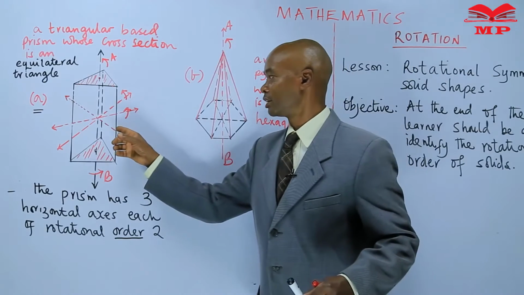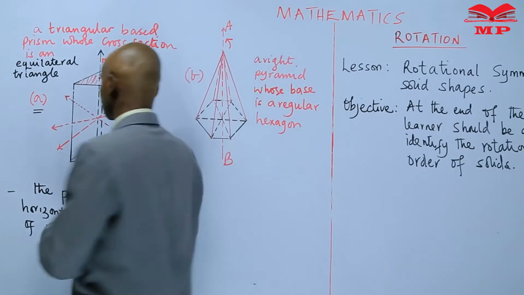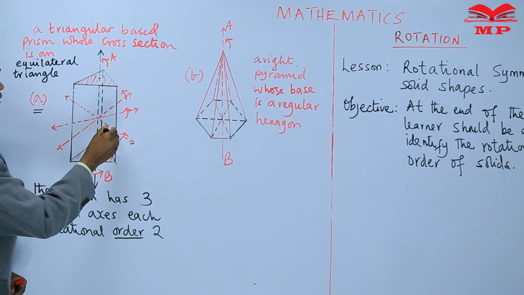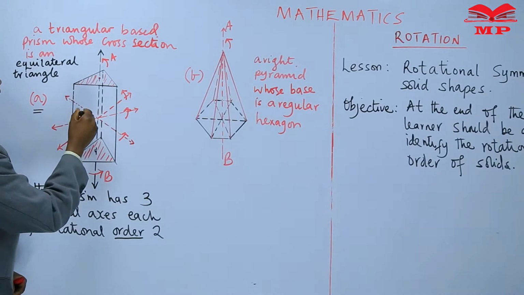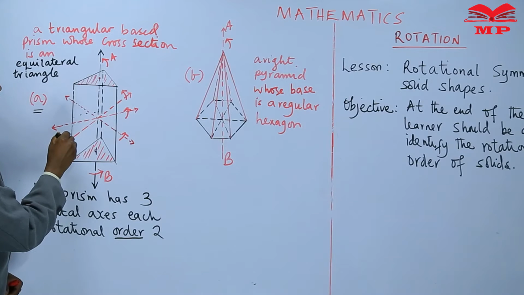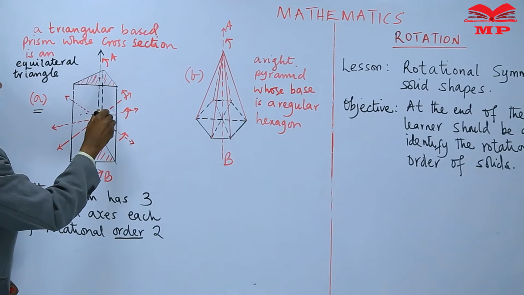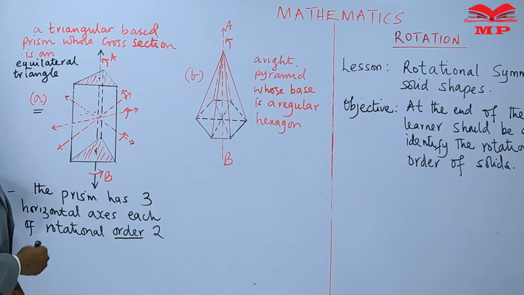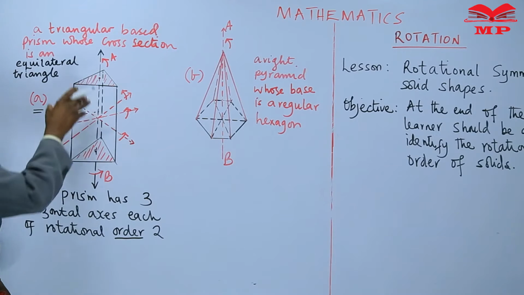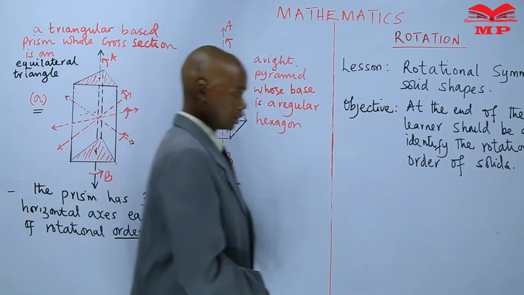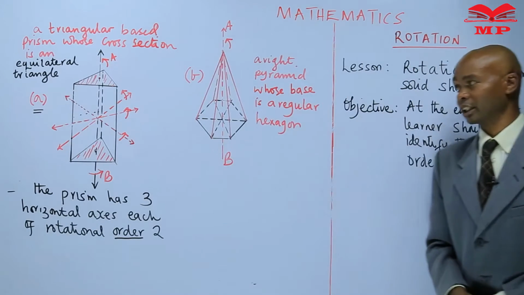This will happen in each of those axes. You realize one of the axes is from this corner to the center of the other face, and from that corner to the center of the three faces. It has three faces which are rectangular.